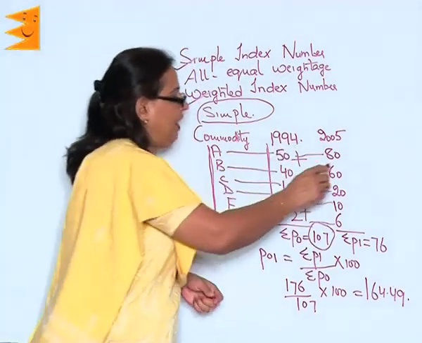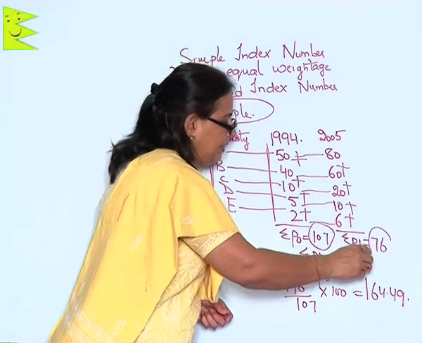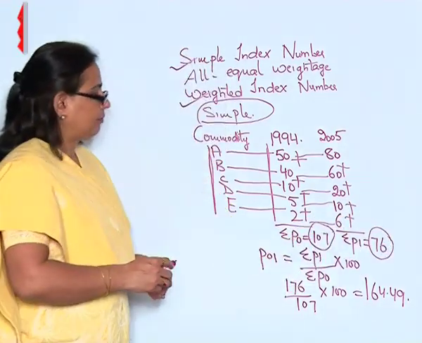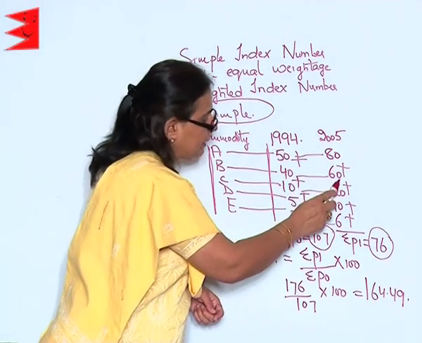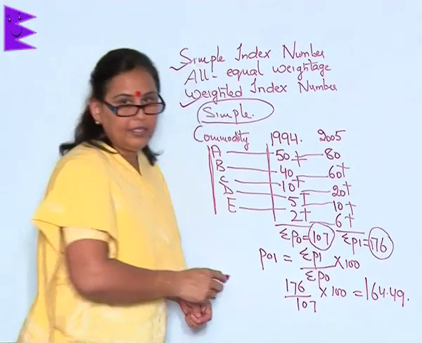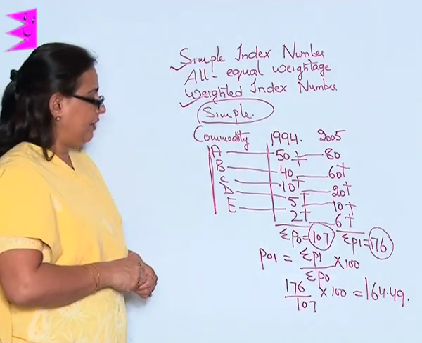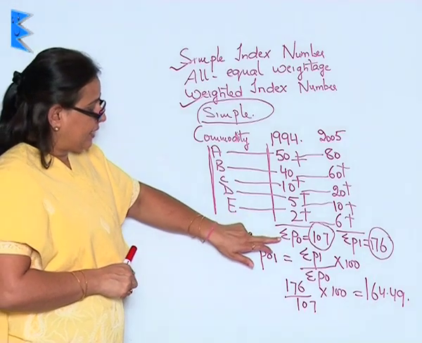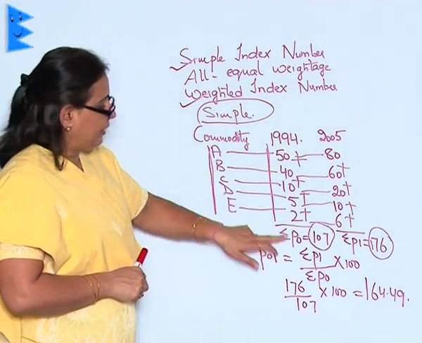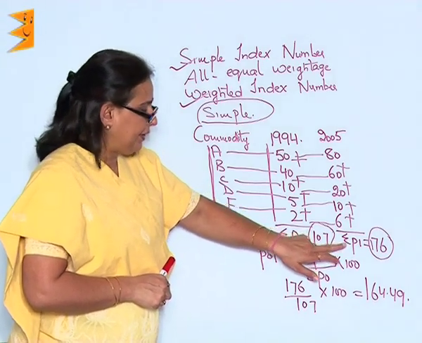Similarly, for the current year, 80 plus 60 plus 20 plus 10 plus 6 will give me 176. And thus, what I have here is my sigma of the base year and of the current year.